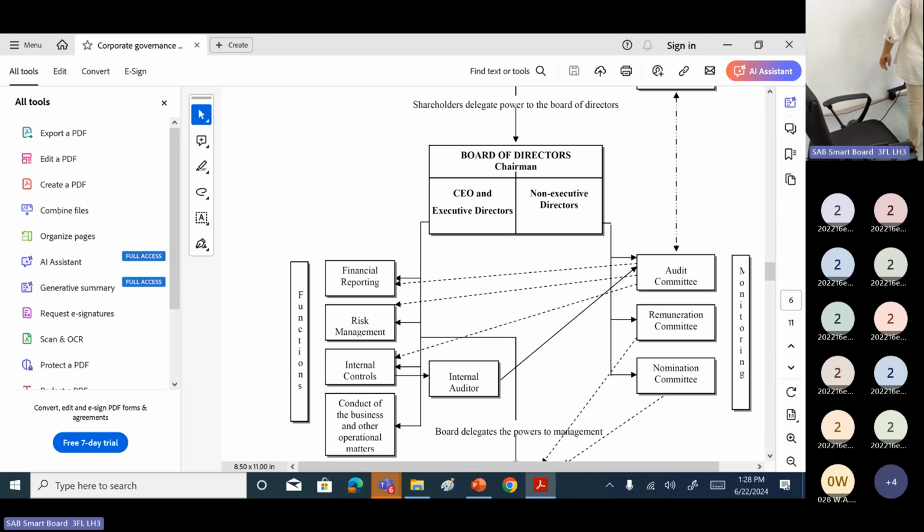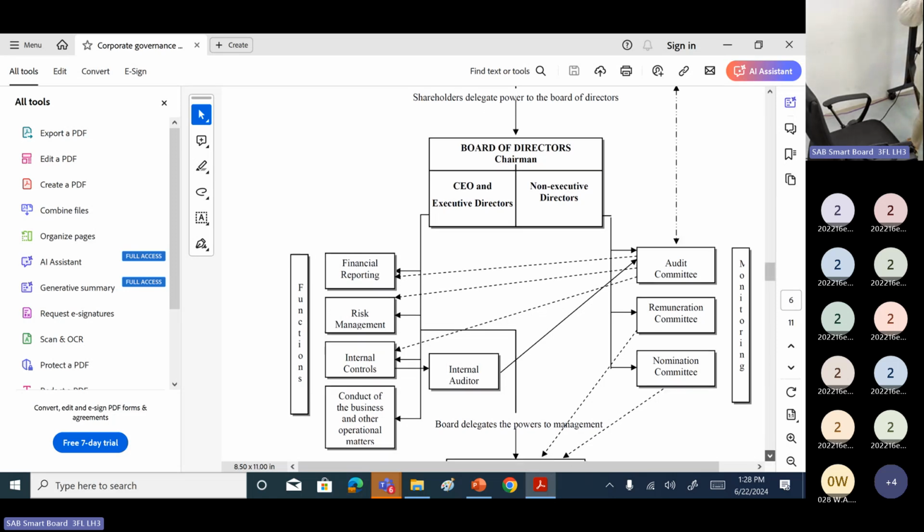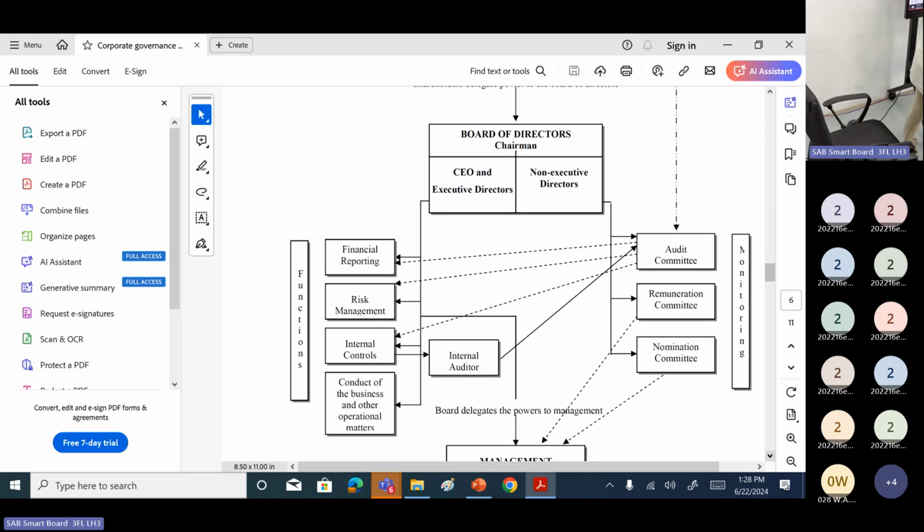This internal auditor does not have any connection with the management. So whatever the reporting, it should be done to the audit committee. What we are focusing on now is the internal audit function. The main coverage, right? These three, which are monitored by the audit committee: financial reporting, risk management, and internal controls.